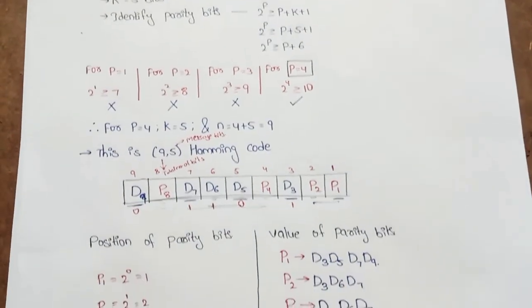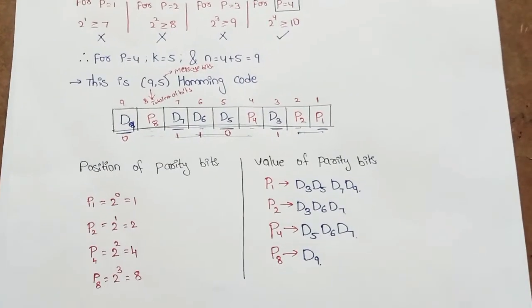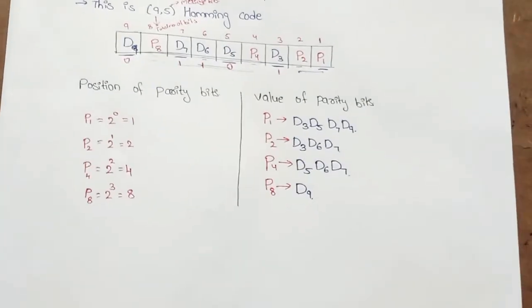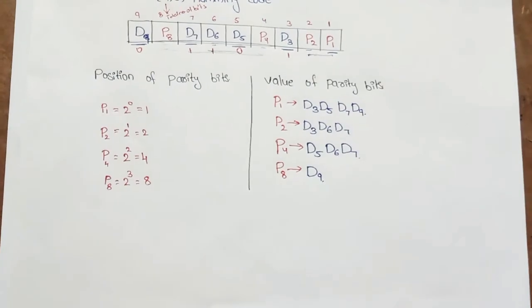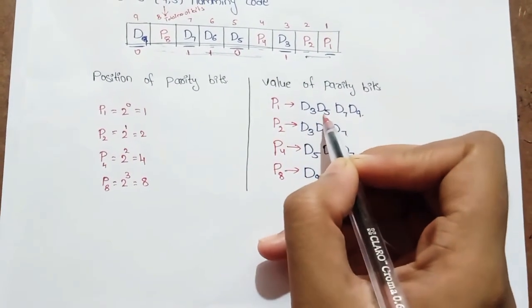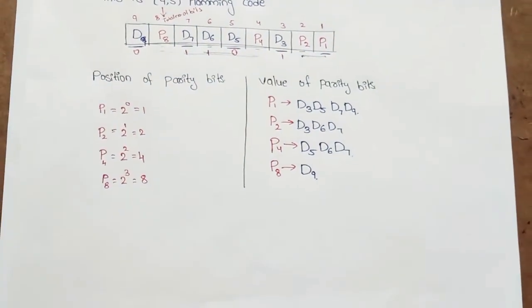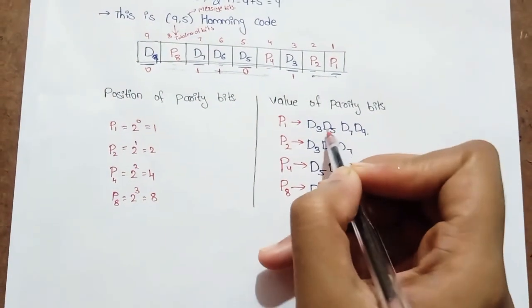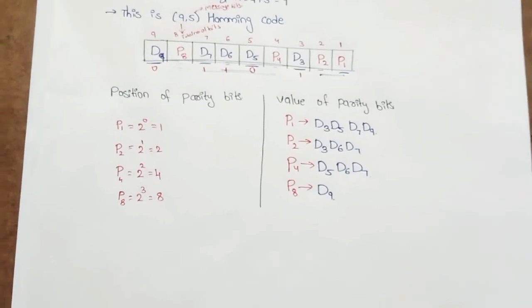Now we need to identify P1, P2, P4 and P8. If you see P1 over here, we have the data values D3, D5, D7 and D9. To get the exact value of P1, we are going to XOR all these data values.